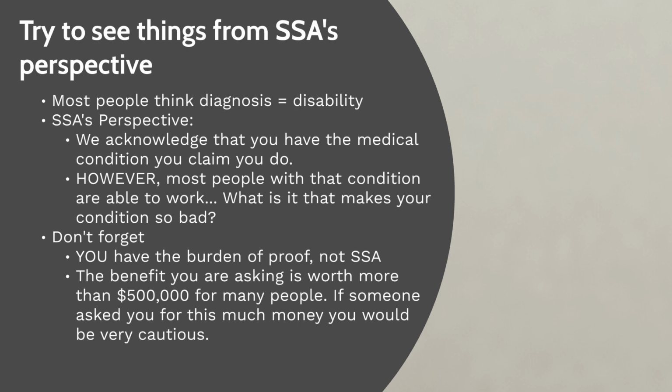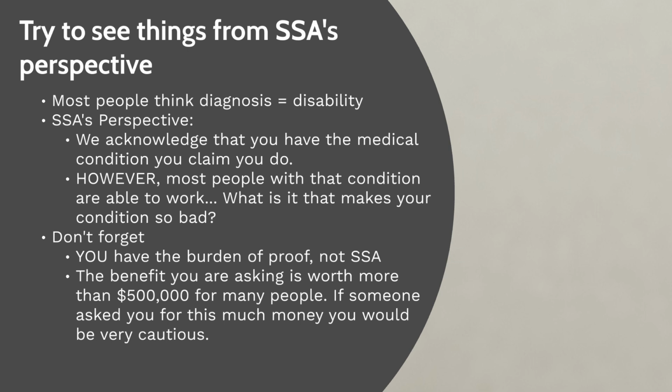Let's just use an example. Let's suppose that you have diabetes. If you have diabetes and you're on insulin and your A1Cs are above 10, they will look at that and say, okay, yeah, that's pretty bad, and that's going to make it hard for you to work. But most people with diabetes have a job. And this goes pretty much for any condition, back issues. Most people with spine problems do find a way to work.